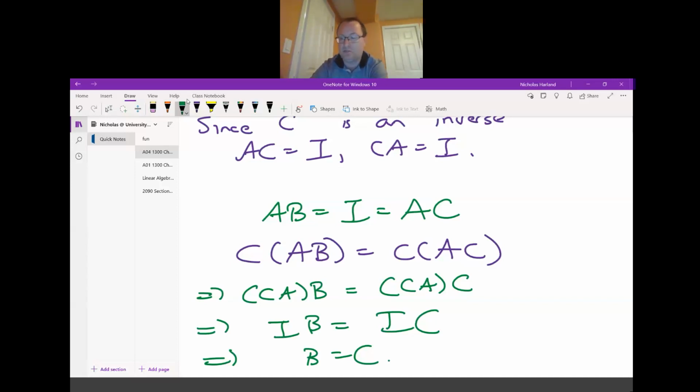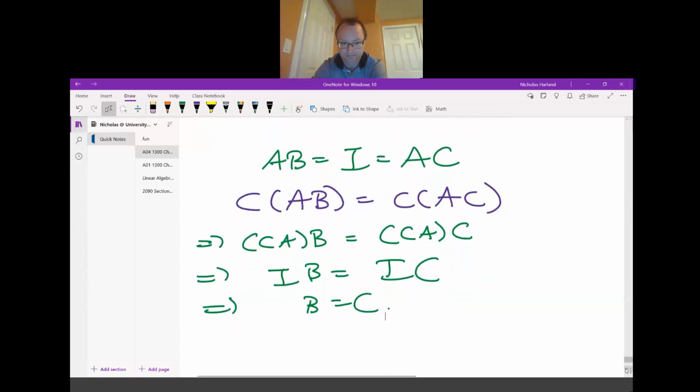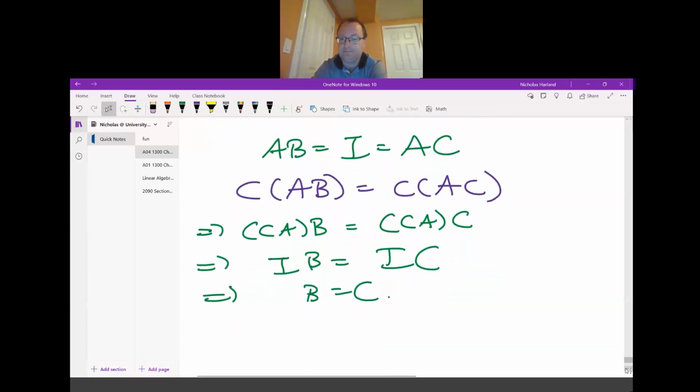So the idea is that we can just multiply by the inverse. I can use that word now. We can multiply by the inverse because there is only one, if there's one at all. There might be zero, but there can't be two.